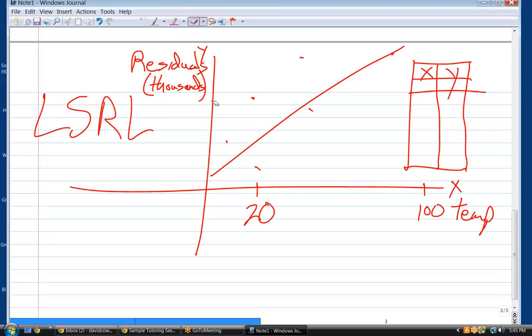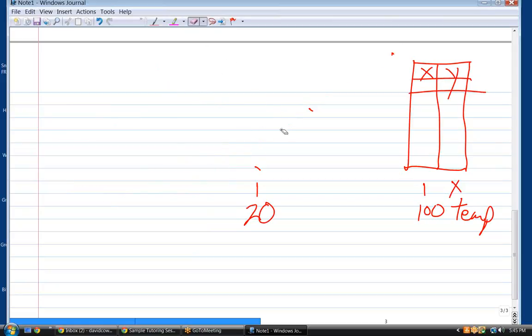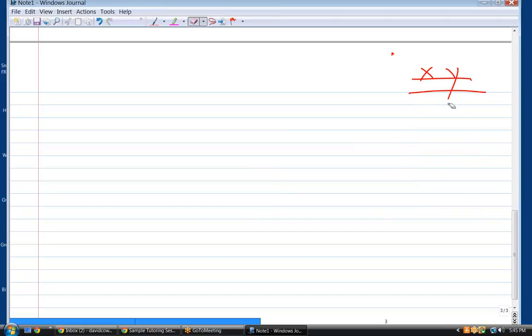Have you gotten to, what other kind of stuff are you doing in algebra besides linear regression? Recursive sequences. They have arithmetic sequences, I think.